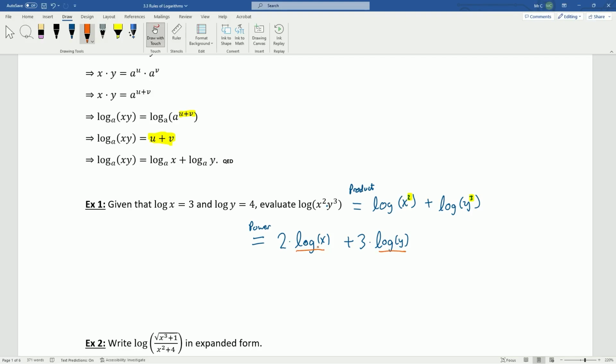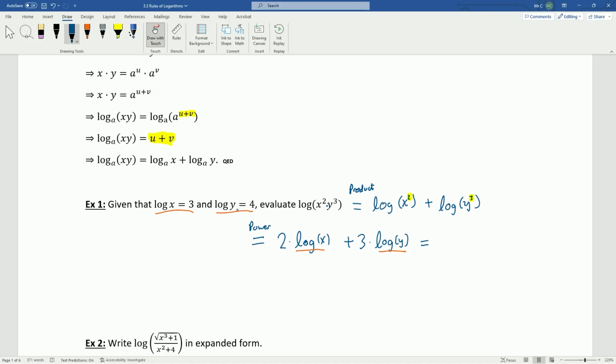And now, log of x we already know is 3, and log of y we already know is 4. So we can replace the entire log of x expression with 3. We're not replacing x here. I want to be really clear: we don't know what x equals. We know what log of x equals. Log of x equals 3. And we know what log of y equals.